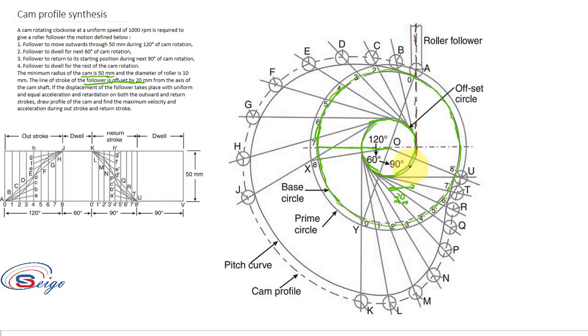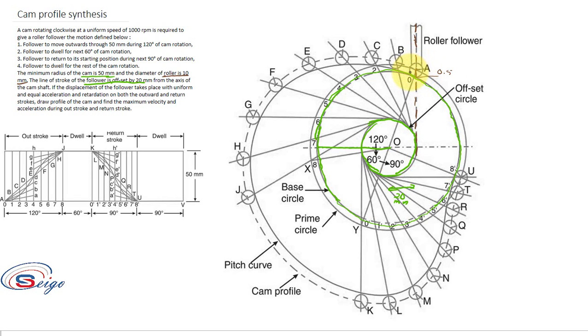Okay. So here we are using a roller follower and the diameter of the roller follower is 10 mm. This vertical line will cut the base circle at some particular point. So from that particular point you have to mark a 0.5 mm. Okay. So this will be of 0.5 mm, and with this A as center you have to draw the roller follower.